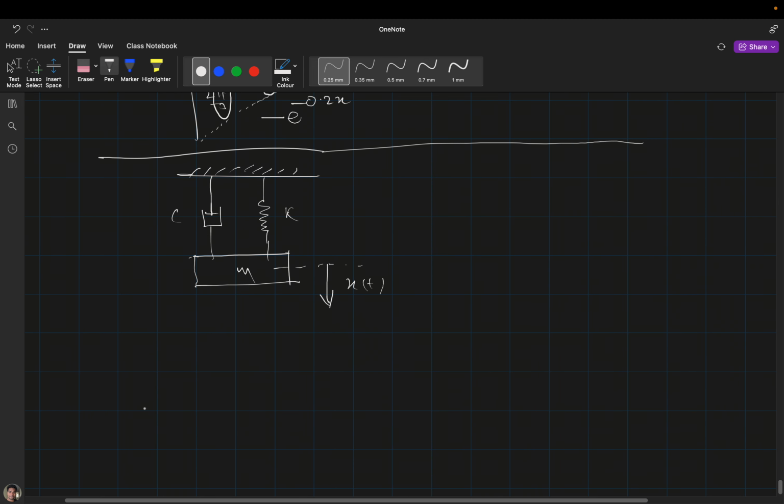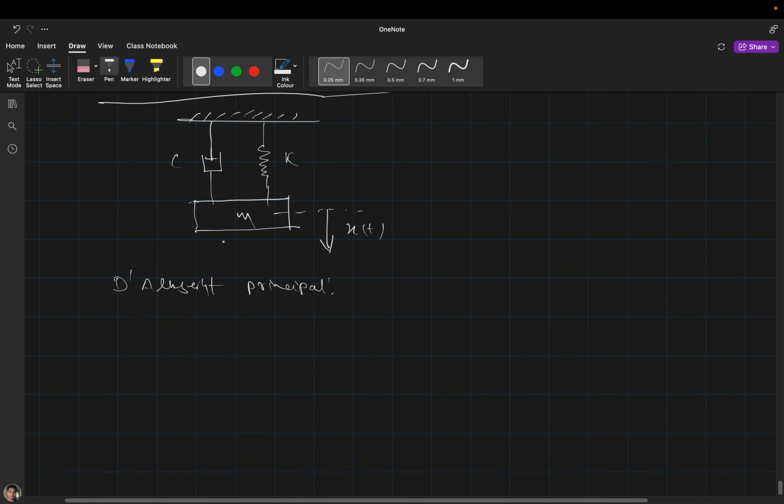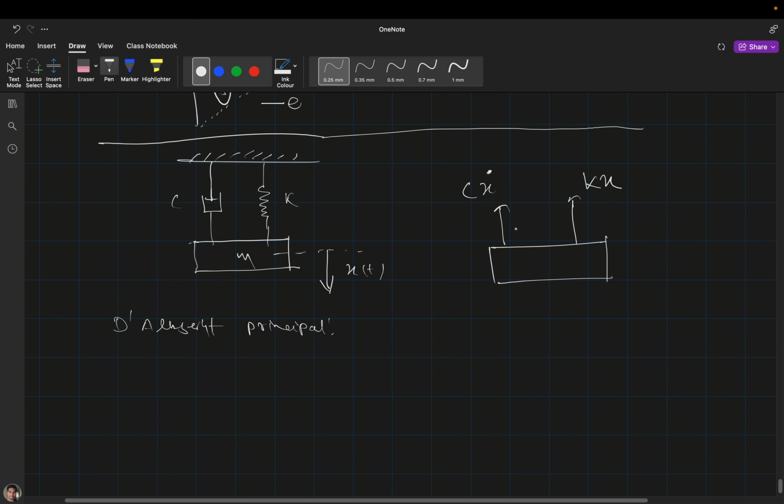So when you use D'Alembert's principle and draw the free body diagram, this will be c x dot and this will be kx. x dot means velocity.